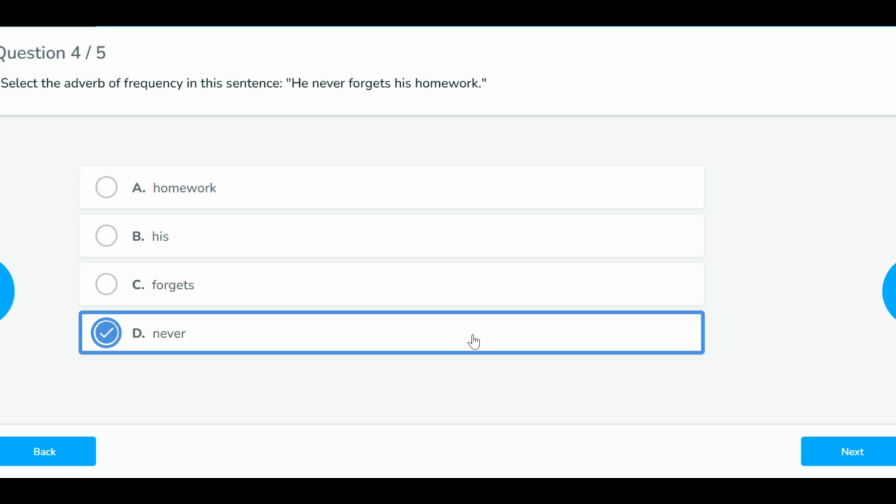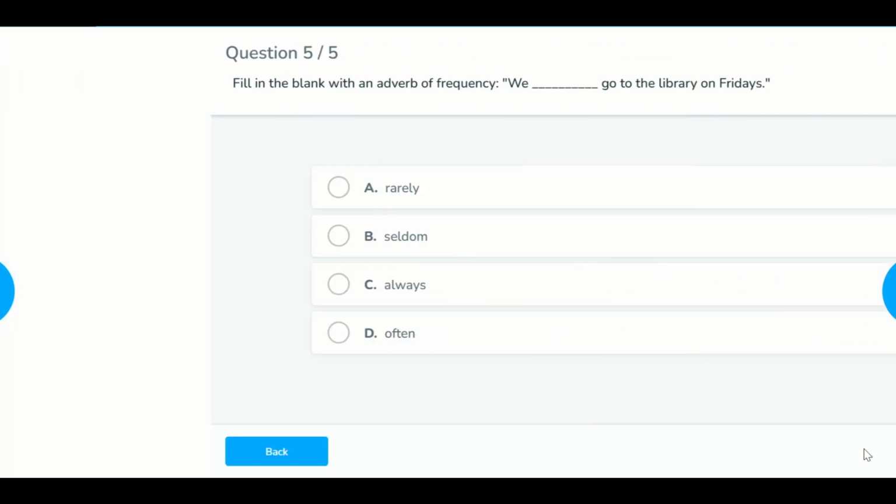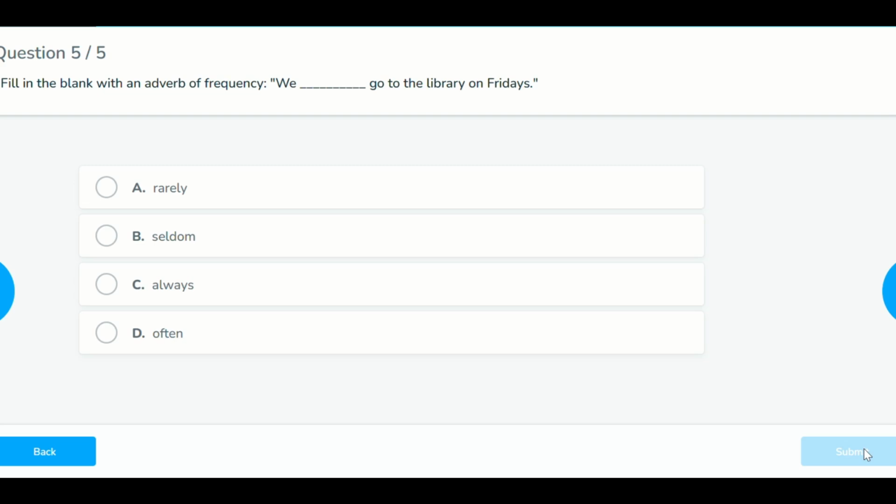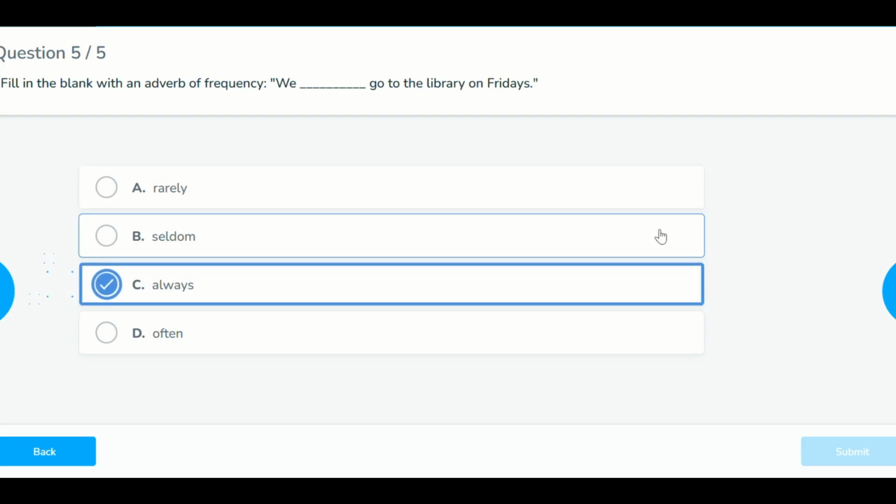He never forgets it. All right, let's fill in the blank with an adverb of frequency. We go to the library on Fridays. We always go to the library on Fridays. Good.